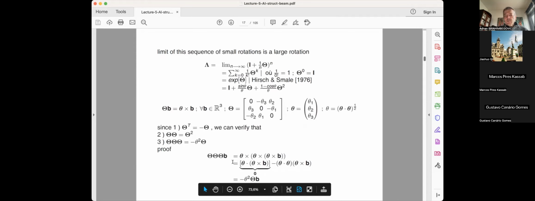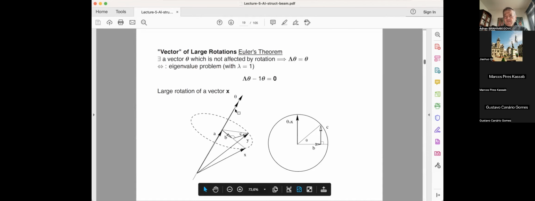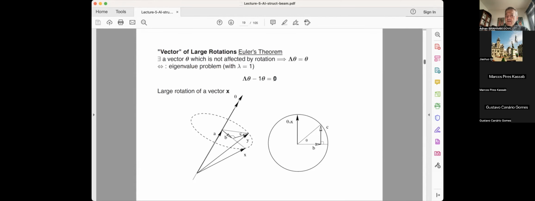So this is the connection between the orthogonal tensor and the corresponding skew-symmetric tensor, how you can build it. Another way, which was done by Ole when he studied that, he said, okay, in every large rotation, you have a rotation axis, which is not affected by the large rotation. So obviously, this has to be an eigenvector of your large rotation.